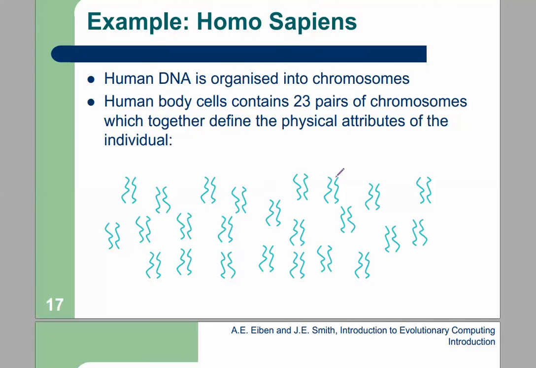In a human, there are 23 pairs of chromosomes from woman and from man. They combine together and cause some properties of offspring, some properties of children.